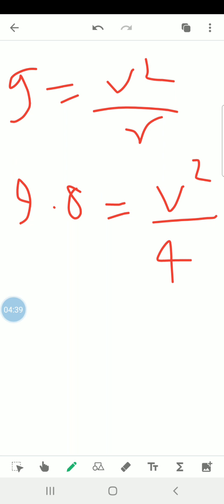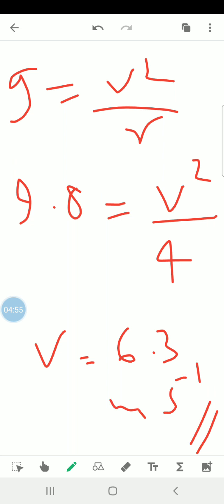So then it is 9.8 into 4 and you get the square root of that. Then V will be 6.3 meters per second. If you have any difficulties, please raise questions.